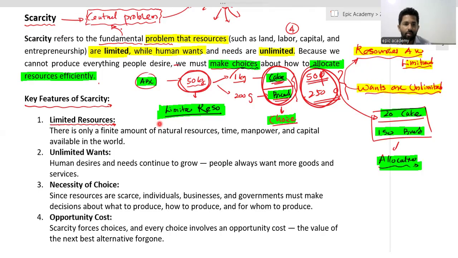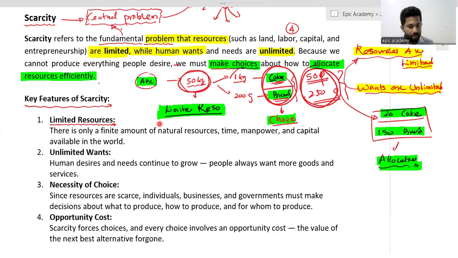Why? Resources are unlimited, then wants are also unlimited, no need to worry. Or just consider resources are unlimited and wants are limited. We cannot imagine a situation like that, actually. If it is something like that, there's no scarcity. That's the theory.